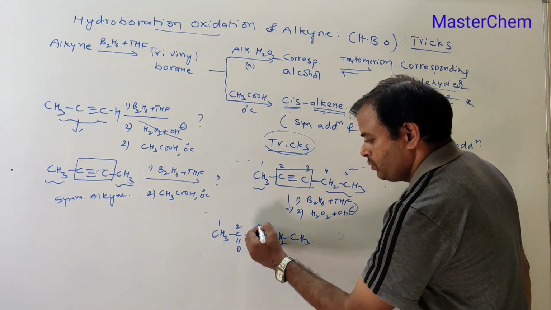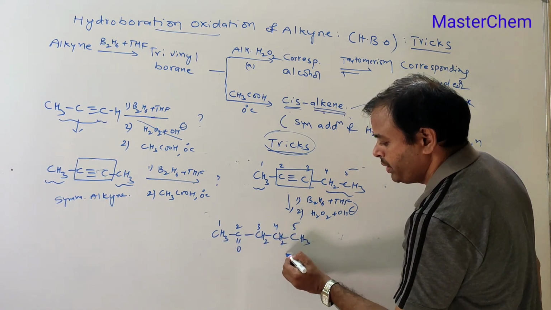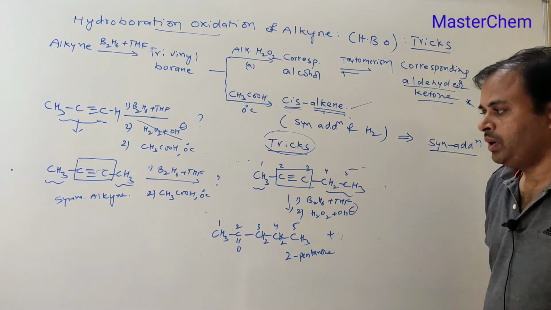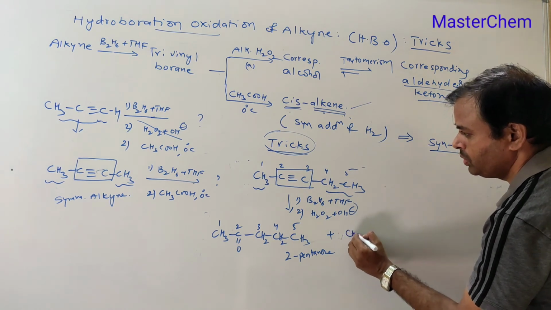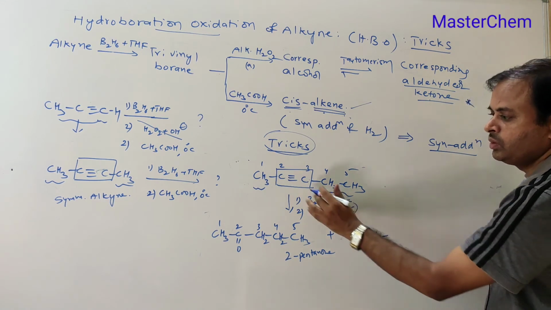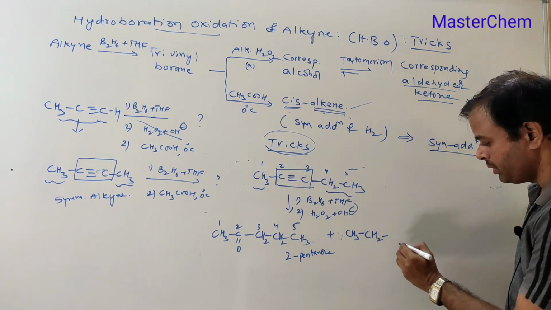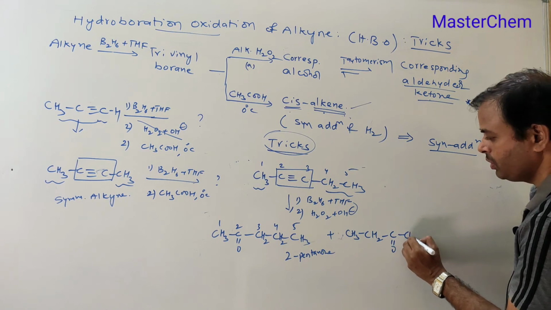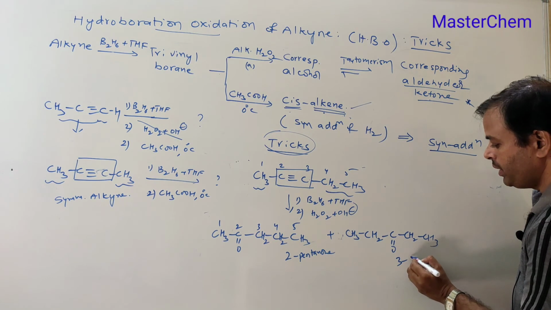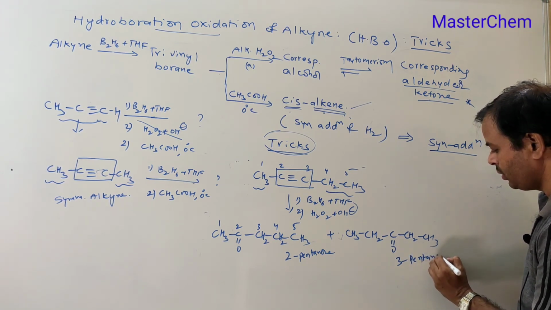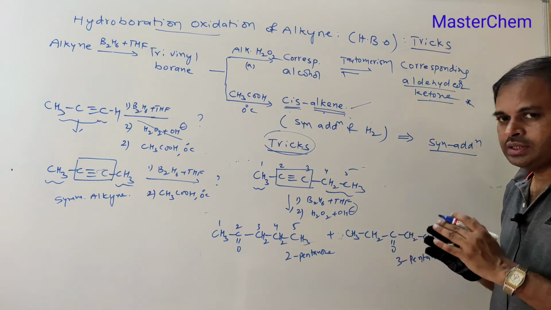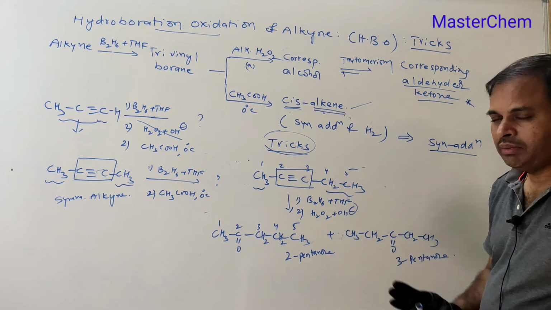What is the product? 2-pentanone. Plus one more possibility, by converting the third carbon into a keto group. Second carbon or third carbon. If you convert the third carbon into a keto group, this is called 3-pentanone.